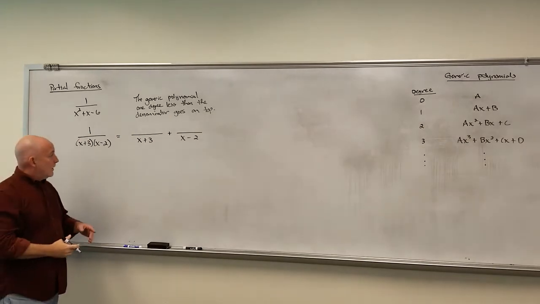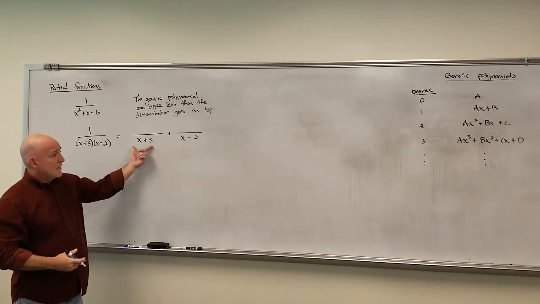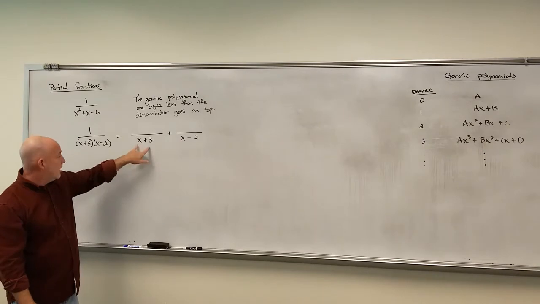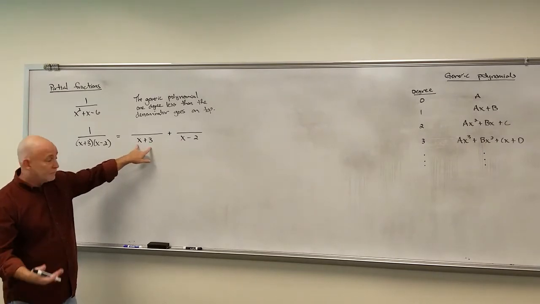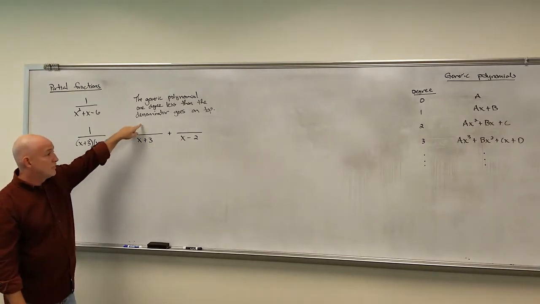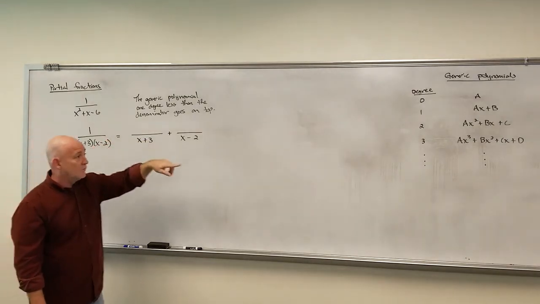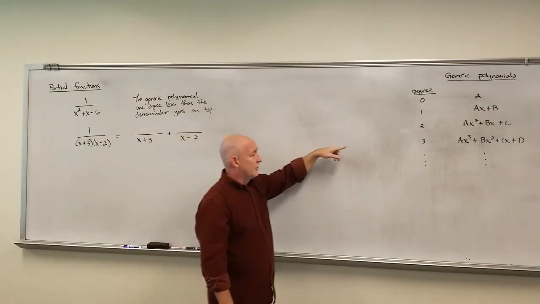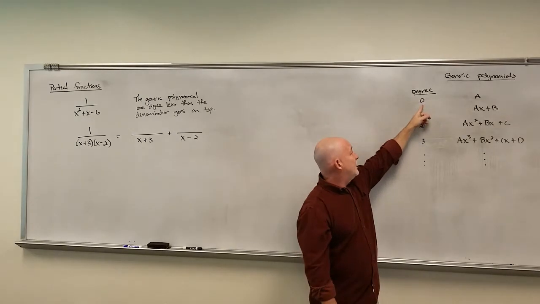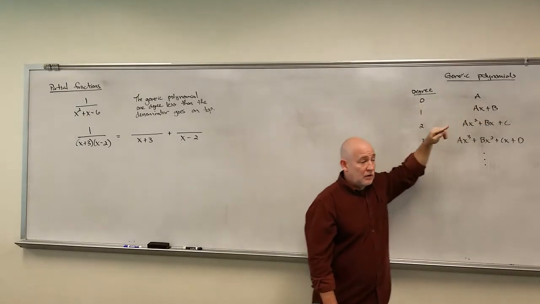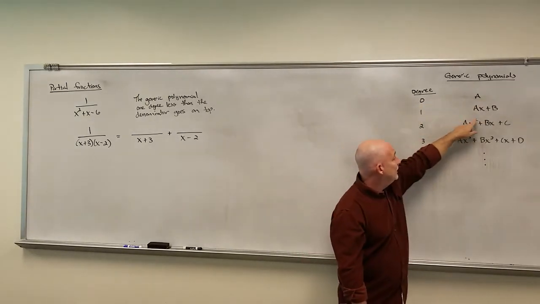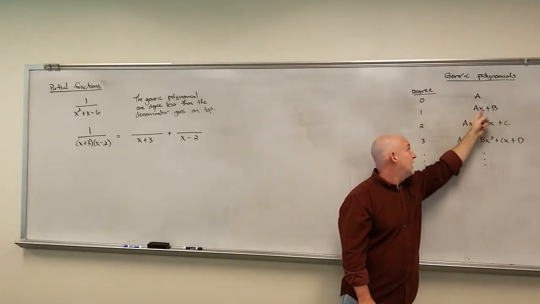Well, in this case, this is a linear denominator, right? The highest power is 1, so it's linear. The 1 degree less would just be a polynomial of degree 0. Now over here on the right, I already scribbled this out for you for time's sake, right? If it has a degree 0, well, it's just a number. If it has a degree 1, then it's linear, which means it could take the form ax plus b.